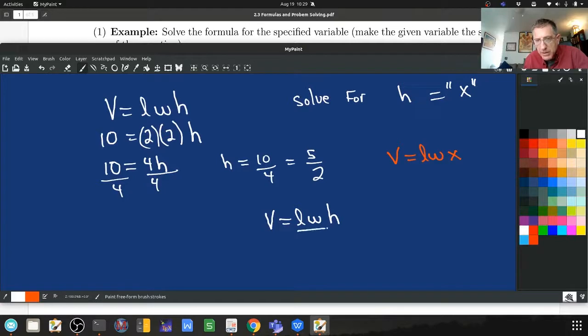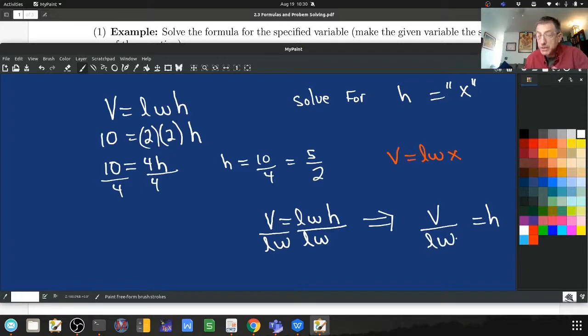What I need to do is divide both sides by L and W. Now, LW times H divided by LW just gives me H. And V divided by LW cannot be further simplified because we don't know the values of L and W. But what this does give you is, if you know the volume of something and you know its length and its width, then you can calculate its height.